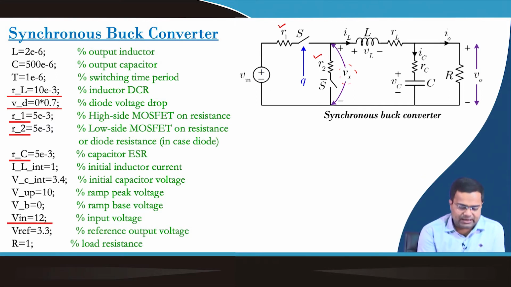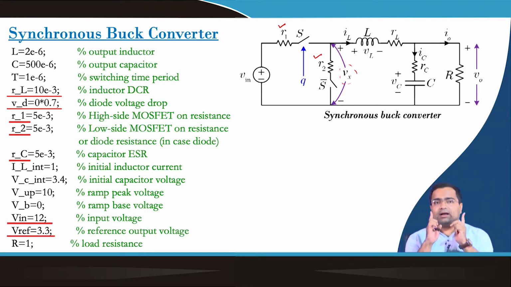Input voltage we have taken as 12 volt and the desired output voltage is 3.3. But since we are setting the duty ratio directly without any closed loop control, and there are parasitic drops, I will show you in ideal condition, if we set the duty ratio, that means the on time, what is the voltage gain of the ideal buck converter?